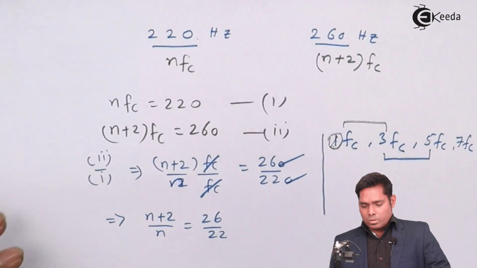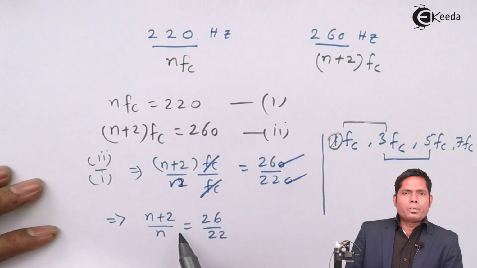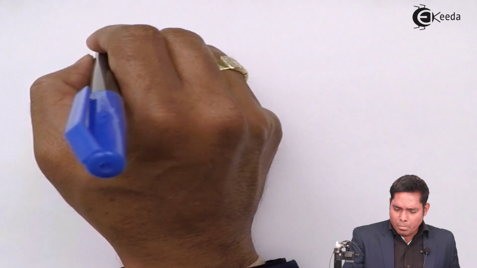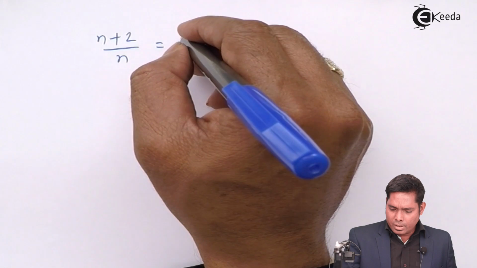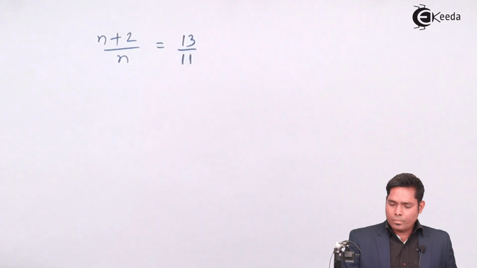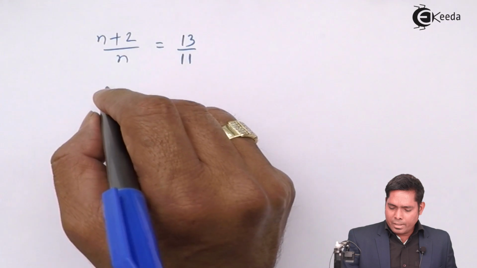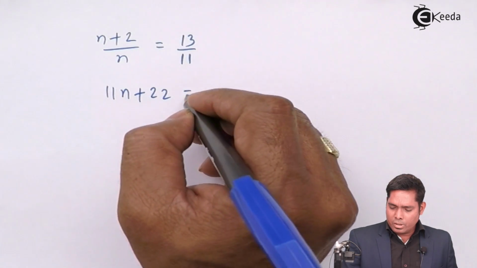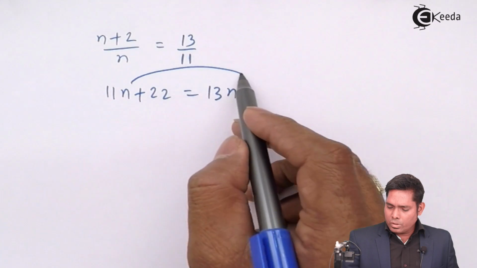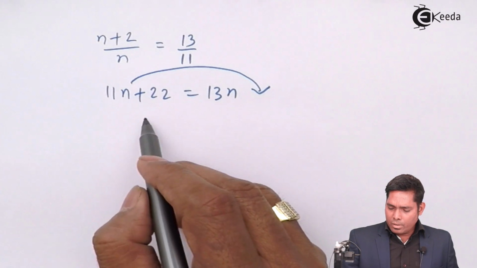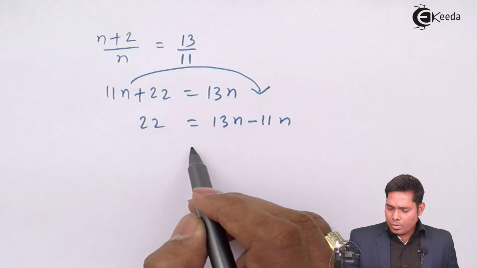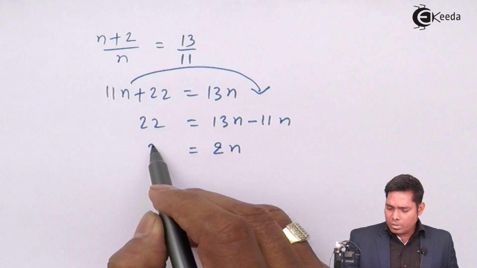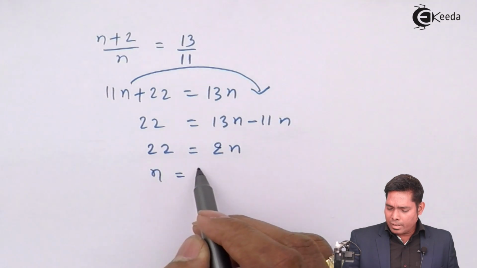The zero will also cancel out. This is an equation involving one unknown, so I'll just solve it. N plus 2 divided by n is 26 over 22, that is 13 over 11. Cross multiplying, I get 11n plus 22 is 13n. So 13n minus 11n, which is 2n, is 22. From here n is 11.